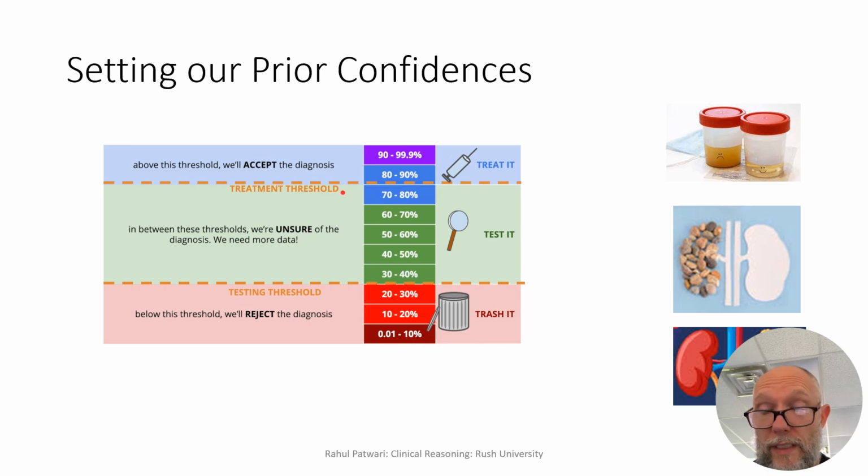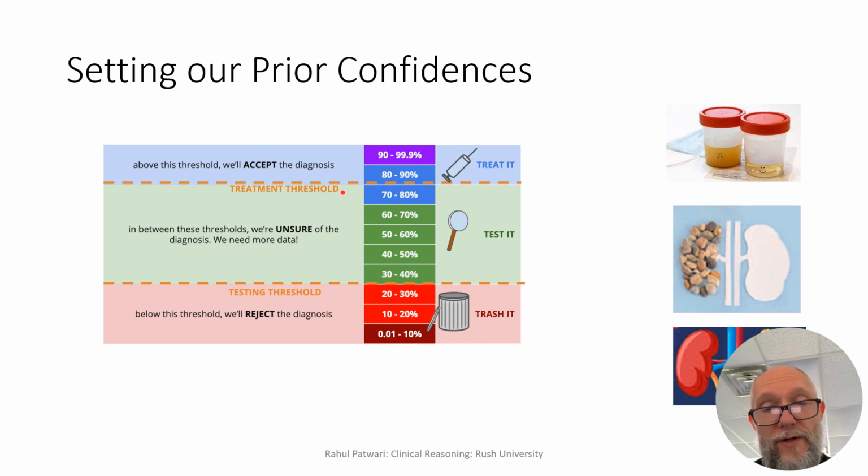So those are easy. But then there's this big middle pile, that 30% to 70, 80%, where you're like, it's possible, maybe it's probable, but has it reached a level of confidence? Have I reached a level of confidence that now I've made a decision, right? Well, you guys are going to spend a lot of your time in this middle zone of, I think, but I'm not really sure yet.